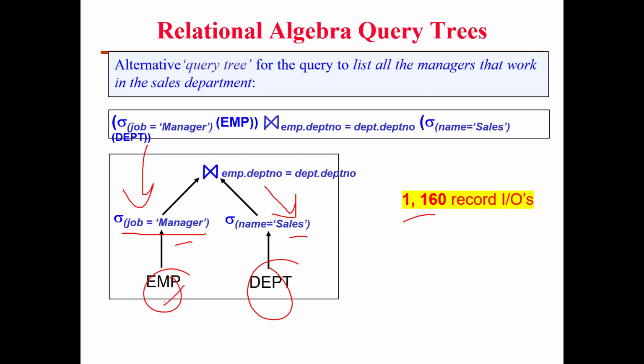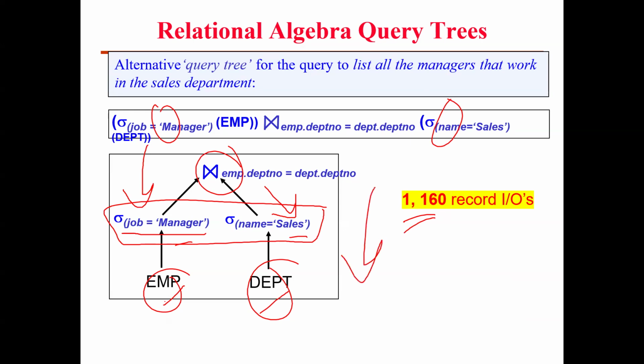So our intermediary operation is now the select operation, and after we get the answer, we join the tables. So the number of IO records has decreased significantly.